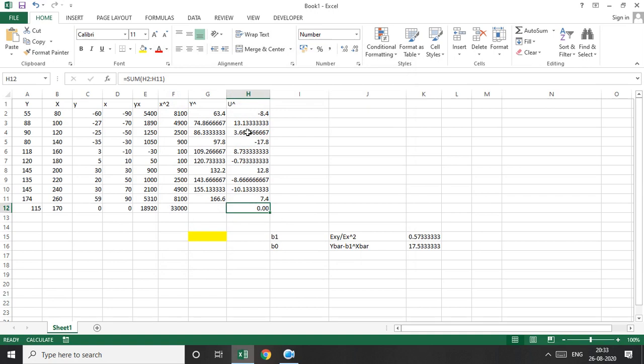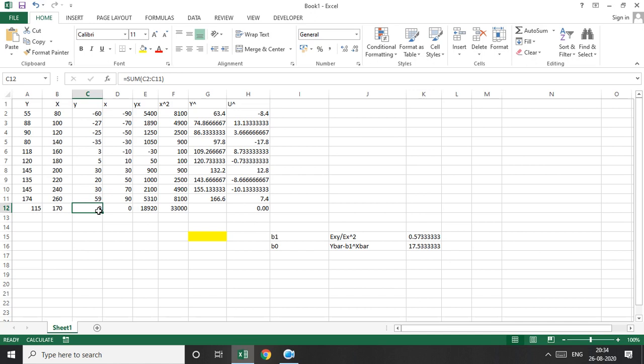But if you take any values for this y and x, this sum of the errors will always be equal to 0 because of the first property of the arithmetic mean. There will be positive values and negative values. Positive values will be exactly balanced or offset by the negative values. So the sum will always be equal to 0.